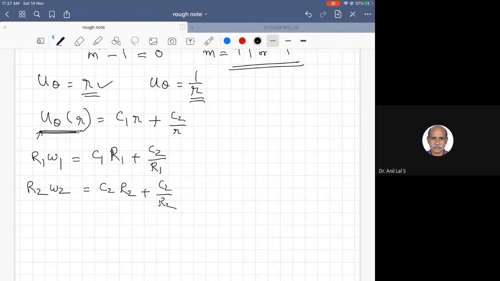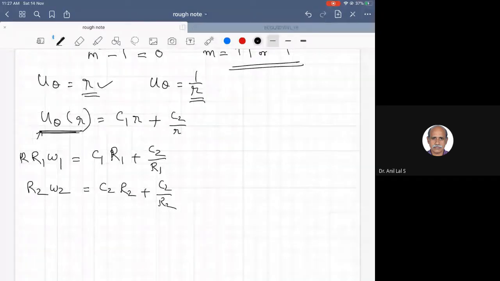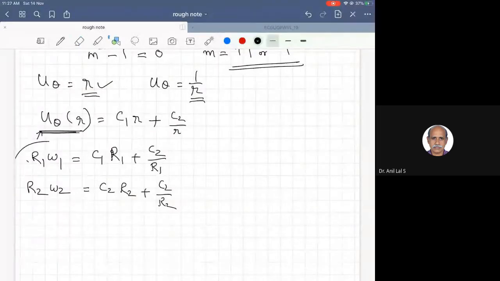So what do we do to get C2? Eliminate C1. Let us have a multiplication. I will copy this equation.